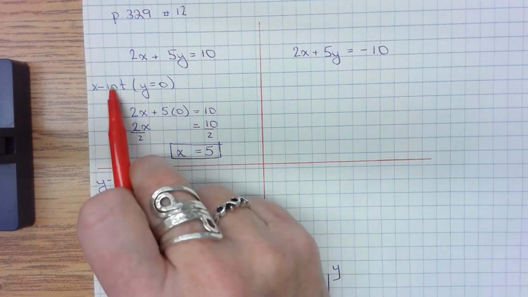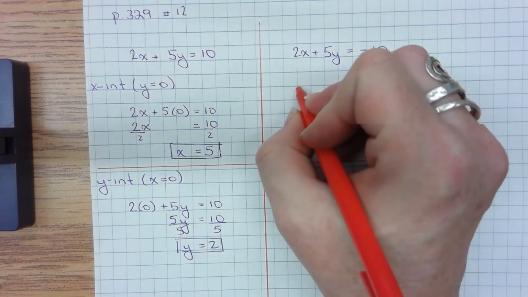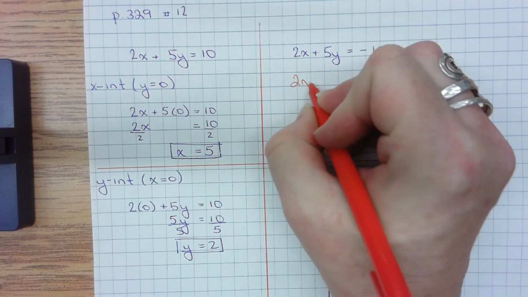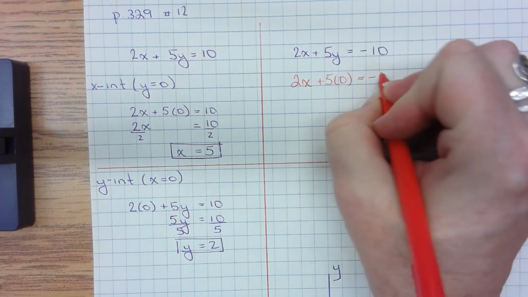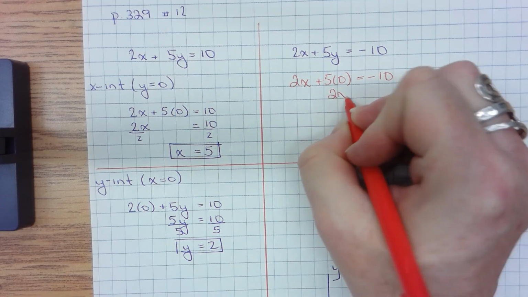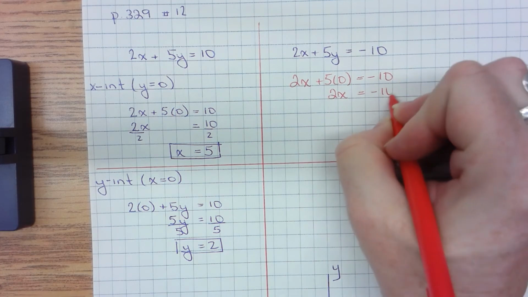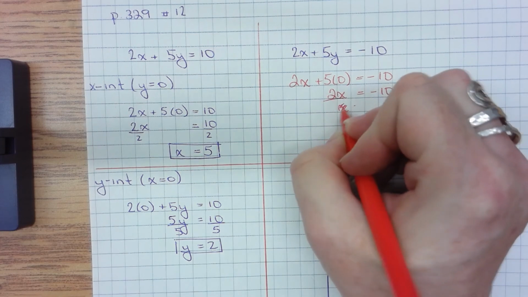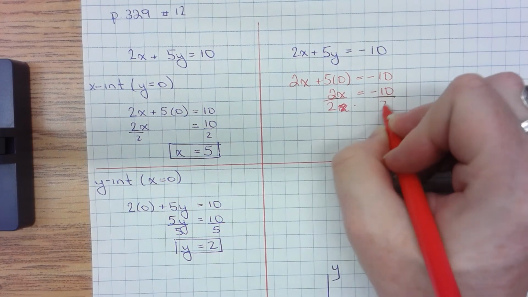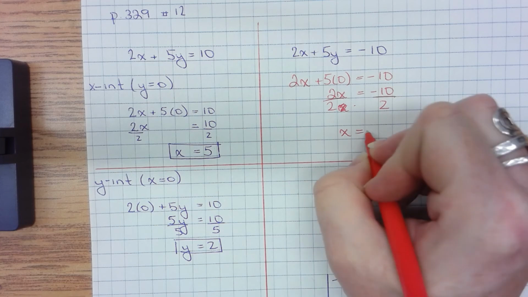To get the x-intercept, I make y equal to 0. So I'm going to do 2x plus 5 times 0 equals negative 10. So now I have 2x equals negative 10. I'm going to divide both sides by 2, and so x equals negative 5.